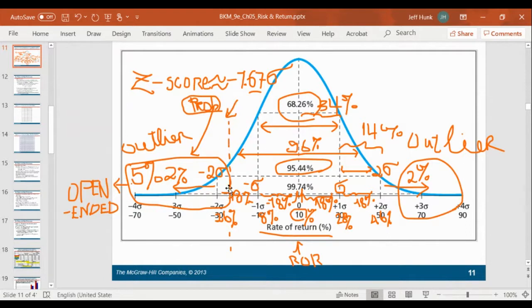The z-score of the bottom 2% is 2 standard deviations. Then what would be this cutoff line, this threshold for the bottom 5%, the position in terms of standard deviation?